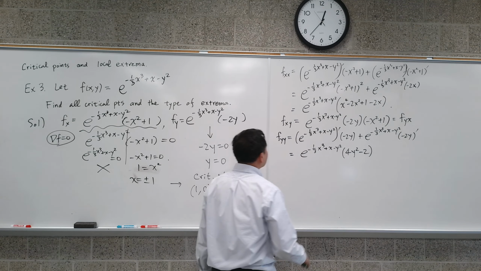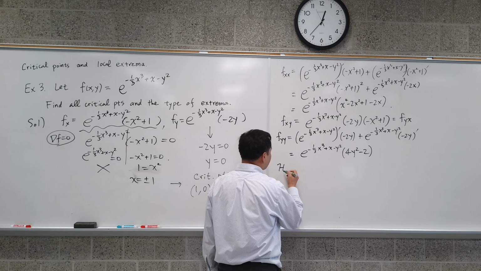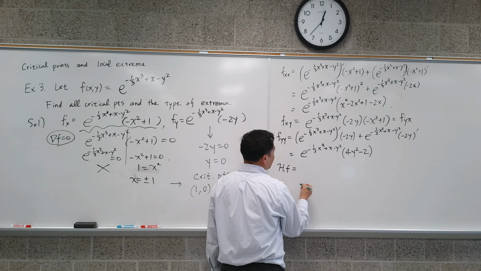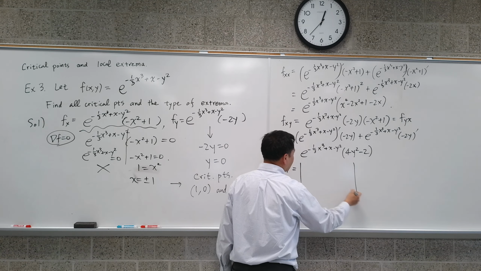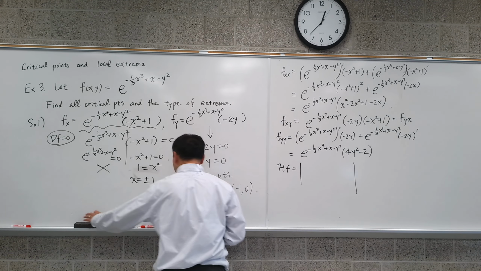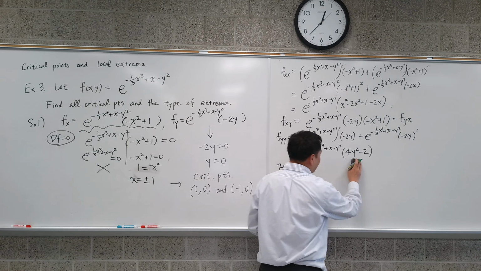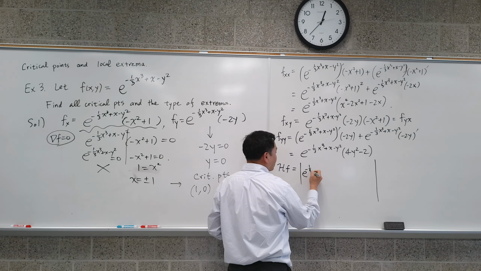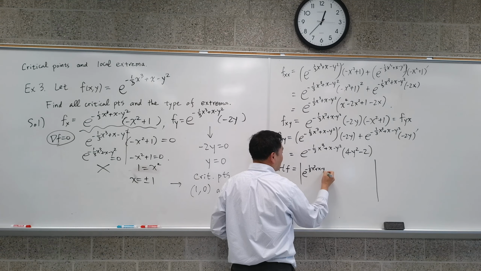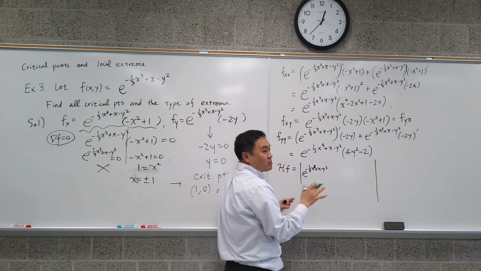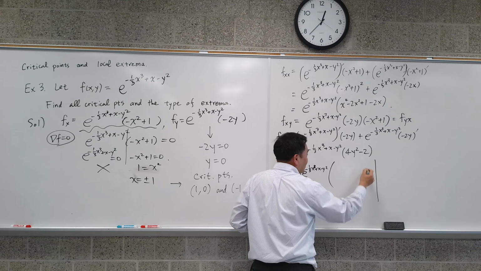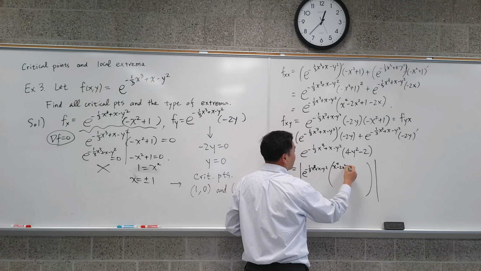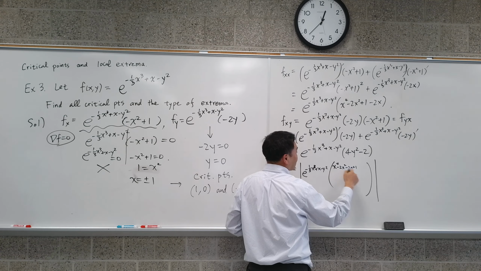That means the Hessian of f is going to be, well, the determinant of, and since it's a lot to write, let me just pull the e to the negative 1/3 x cubed plus x minus y squared so that it's written just once for all, okay? And then the remaining parts are x fourth minus 2x squared minus 2x plus 1 for fxx.